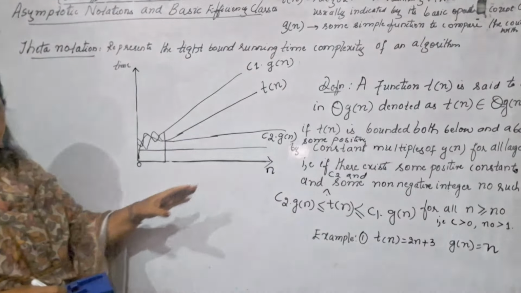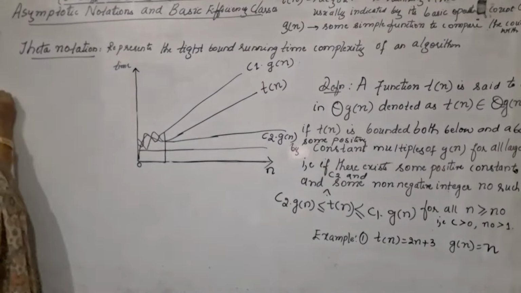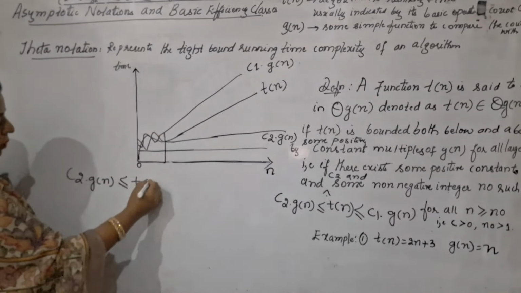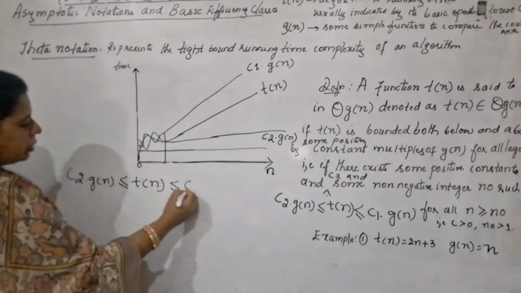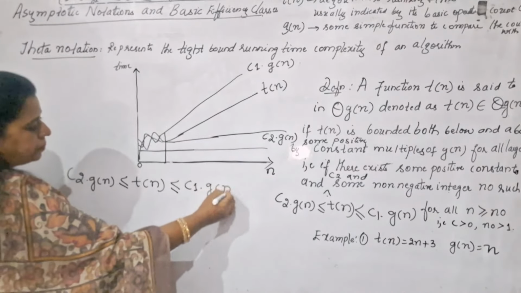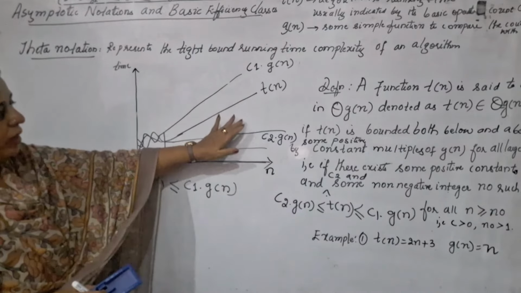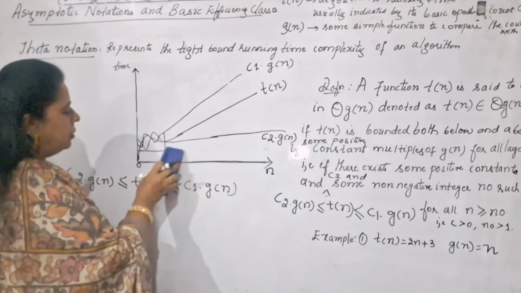You have two functions, and what is the relation between these functions? c2 into g of n should be less than or equal to t of n, which should be less than or equal to c1 into g of n. As you see in the graph, t of n is now lying in between c1 and c2.